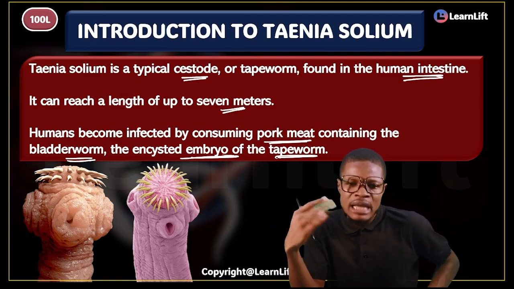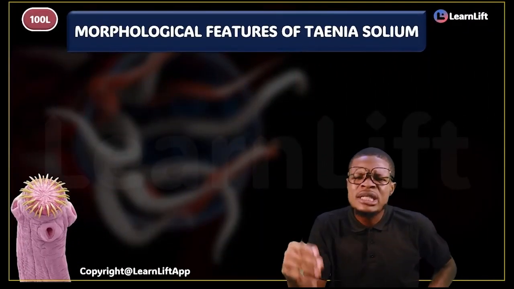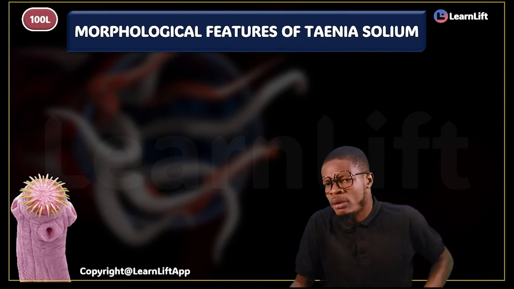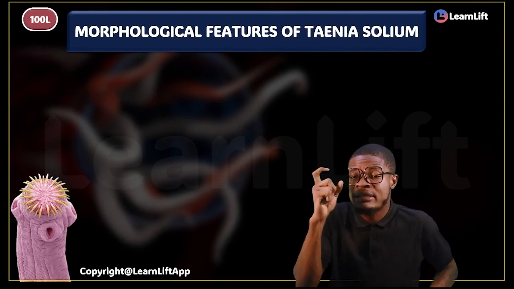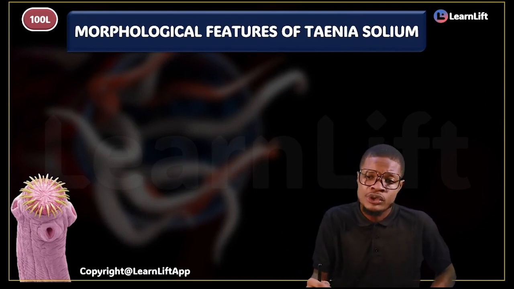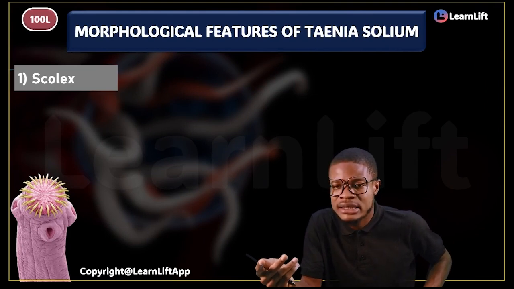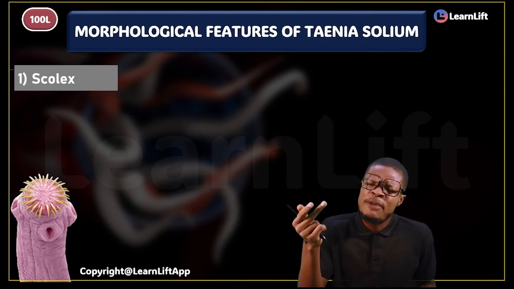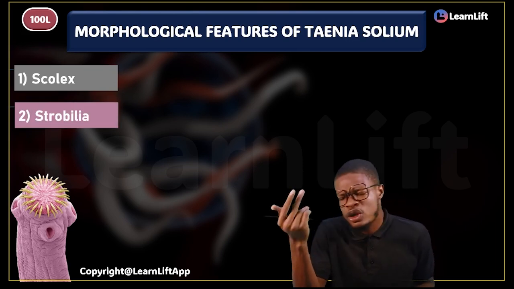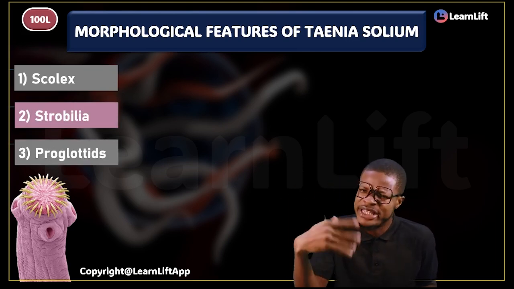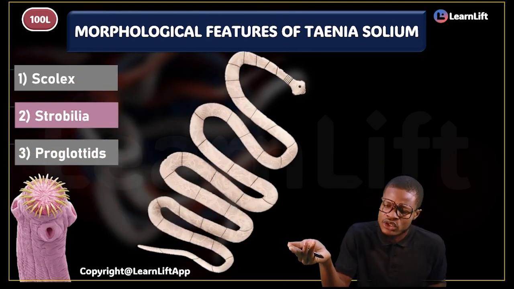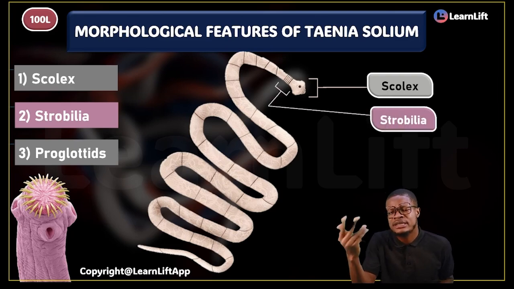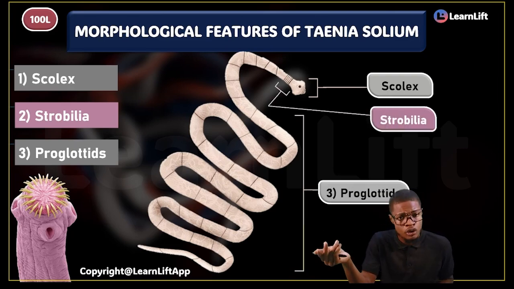Does it make sense? Now, another important thing is this. What are the morphological features of Taenia solium? Under the morphological features, there are a couple of them they want us to note. Number one is scolex. Hold on, follow me from here very fast. In your tapeworm, normally you see your scolex, you see your strobilia, you see your proglottids. I've explained these things. This is your tapeworm, and this is your scolex, this is your strobilia, this is your proglottids.